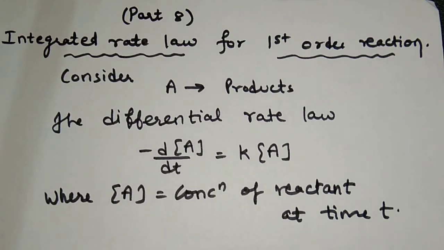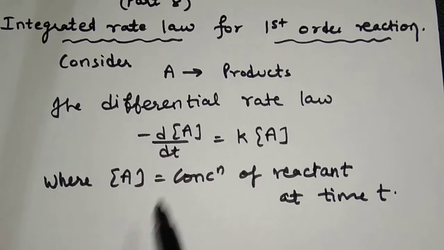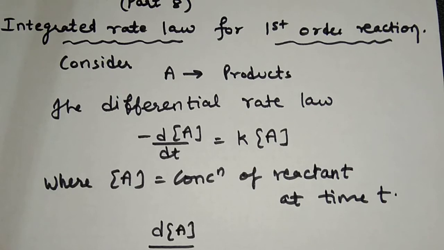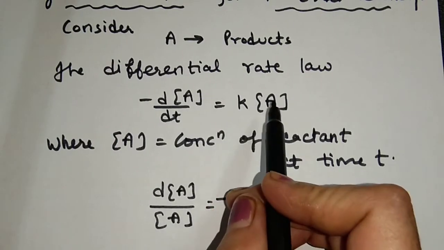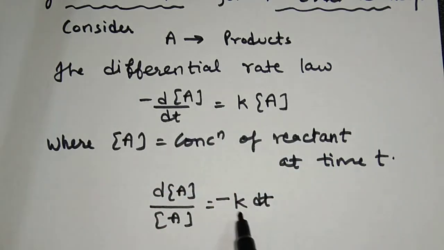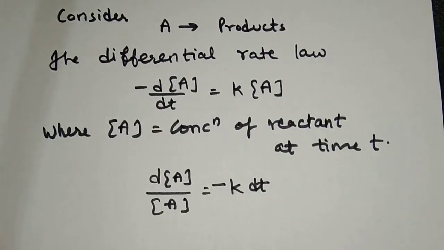Okay, now if you rearrange this equation, what you will get? dA divided by A is equal to minus K dt. What we are doing? This A I am taking down and dt I am multiplying there and minus 1 multiplied on both the sides.